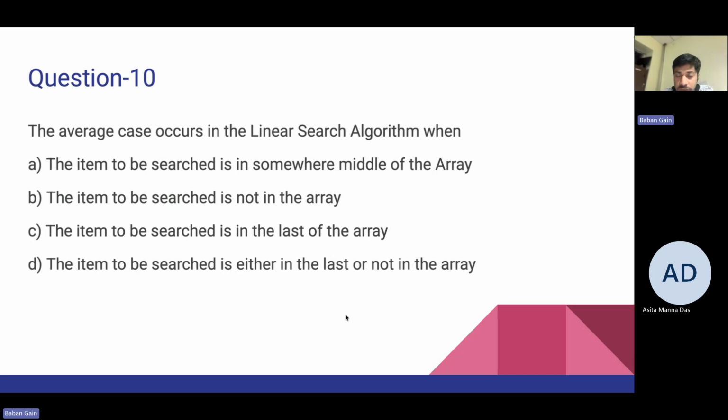The average case is, let's say we have 10,000 elements, and after going through 5,000 elements I find the key. So the answer to question 10 is: the item is somewhere in the middle of the array.